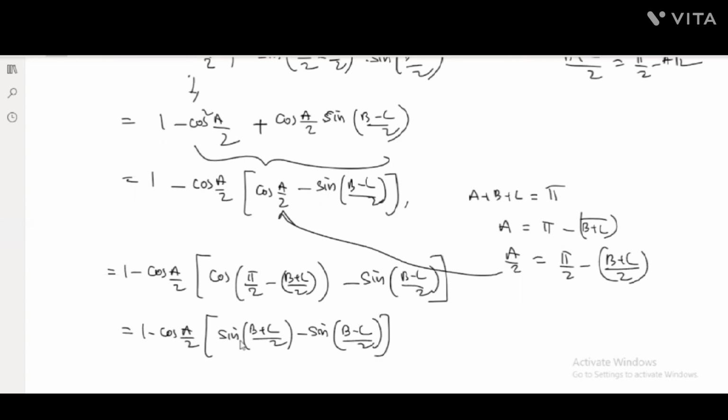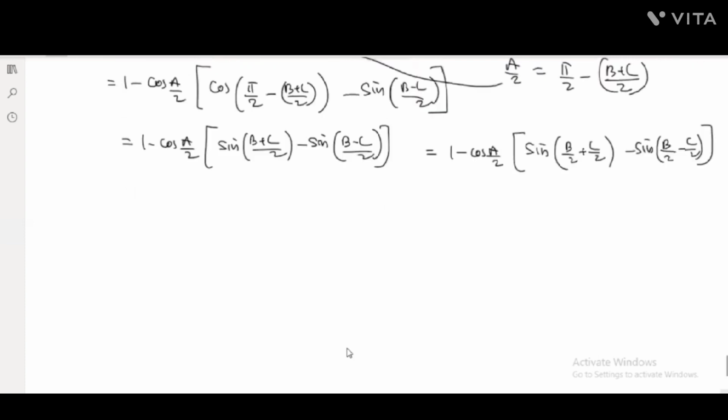Again we can change this as 1 minus cos a by 2 into sine of b by 2 plus c by 2 minus sine of b by 2 minus c by 2. So what is the formula for this one? First of all, it is in the form of sine a plus b minus sine a minus b, which we can write like 2 cos a sine b.